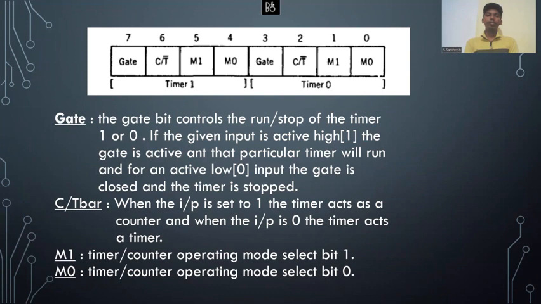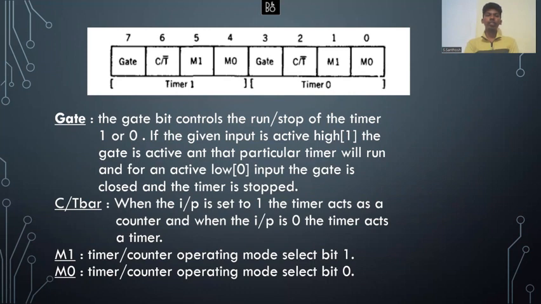And C slash T bar, that is counter slash timer bar. When the input is set to 1, that is active high, it activates the counter or it sets a timer in counter mode. Over here, you can use the timer for either counter or the timer purpose depending on the type of input given. That is either it is active high or active low.